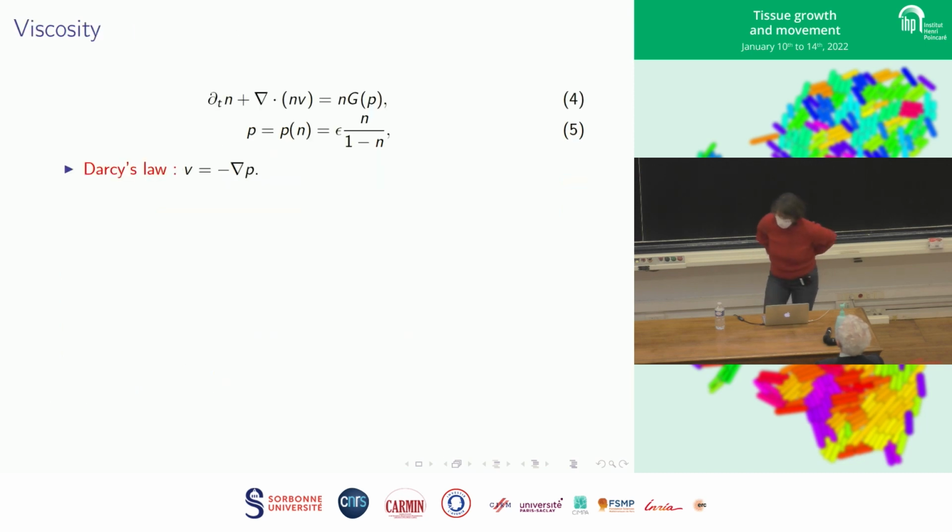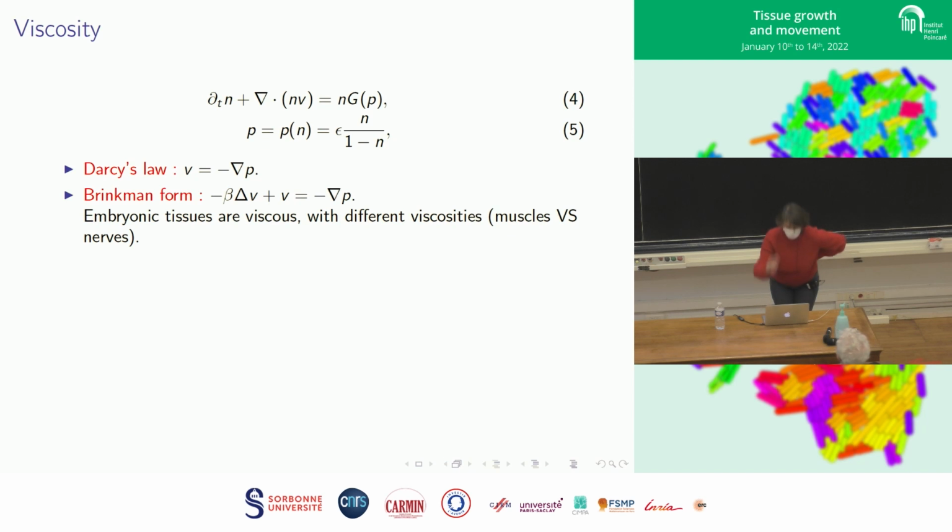Okay, now let's go back to this Darcy's law for the velocity. This is a first simple model. Now in our case, I told you that our tissues are viscous. And not only are they viscous, but actually we have many tissues and they may not have the same viscosities.